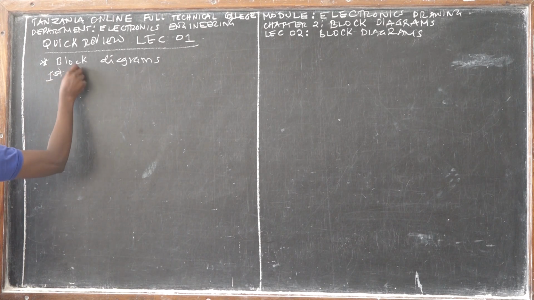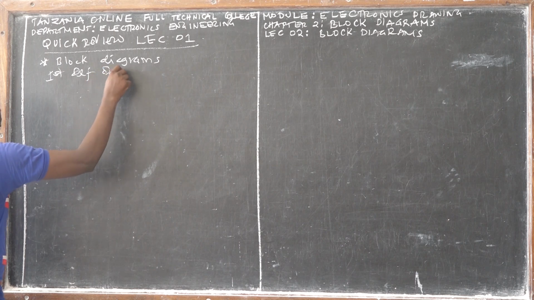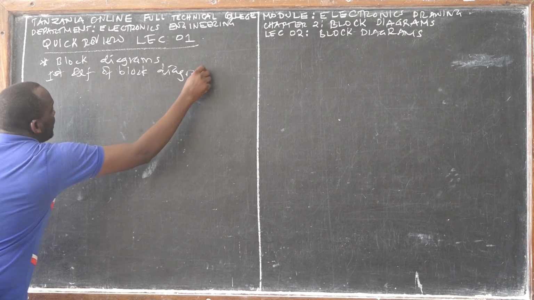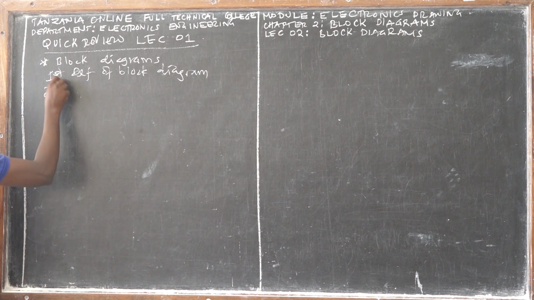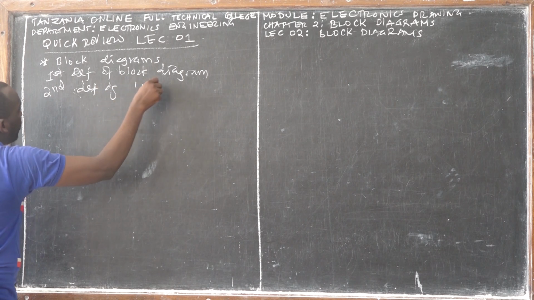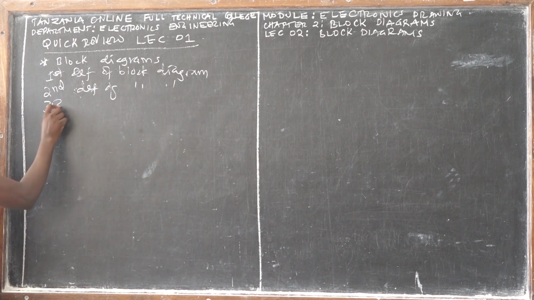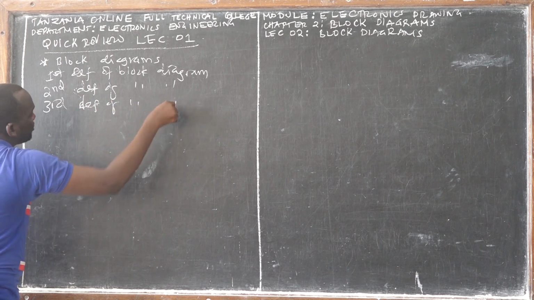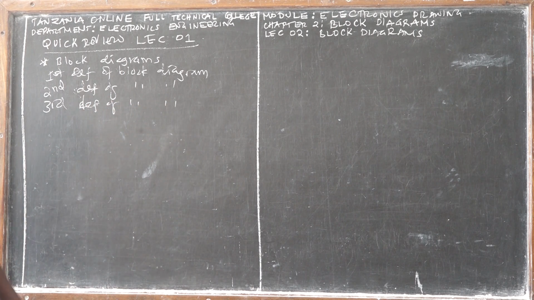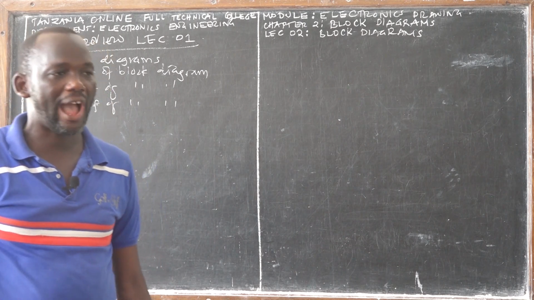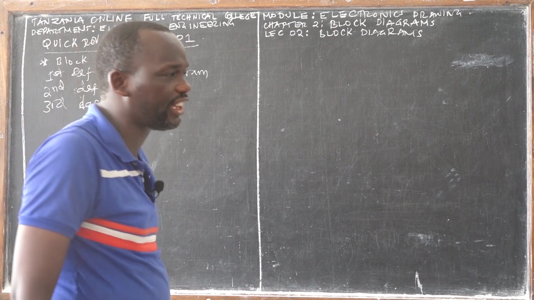I gave you the first definition of block diagram, then the second definition, then the third definition. So you have three different definitions of block diagram. You may prefer one, you may prefer two, you may prefer all three.